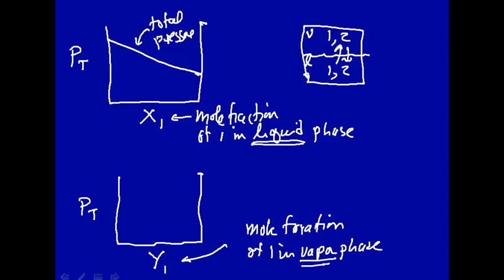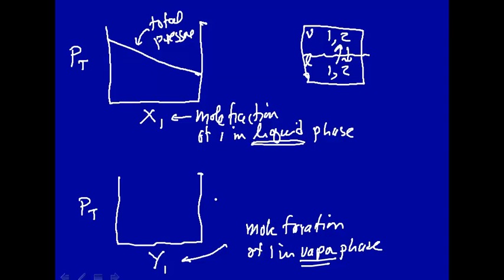That's what we want to develop. And just to remember, it's a two-component system, components 1 and 2. So we can easily translate from a mole fraction of 1 to a mole fraction of 2, because 1 minus the mole fraction of 1 is the mole fraction of 2.